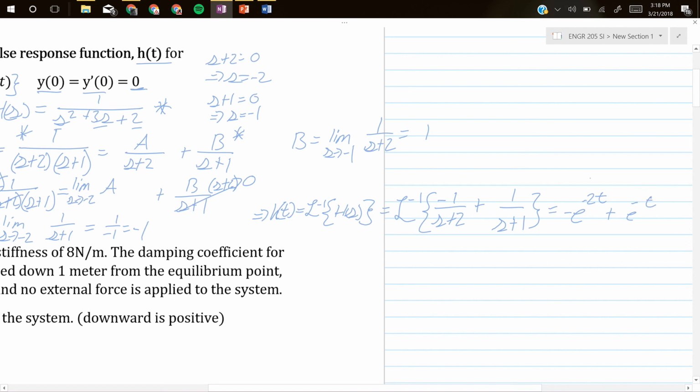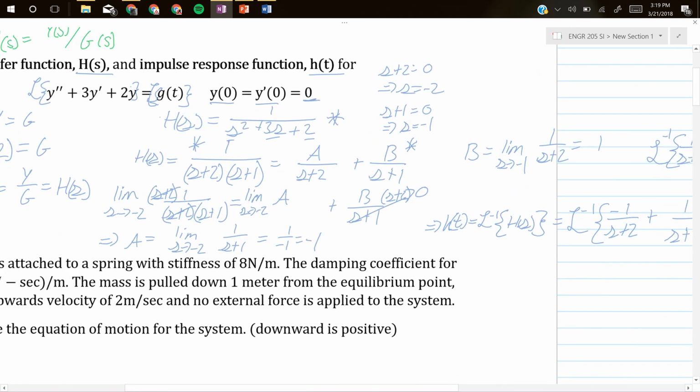And remember, our exponents for our t's are based off of this Laplace transform, where 1 over s plus a will equal e to the negative at. So final answer right here for h(t), and final answer for H(s) right here.